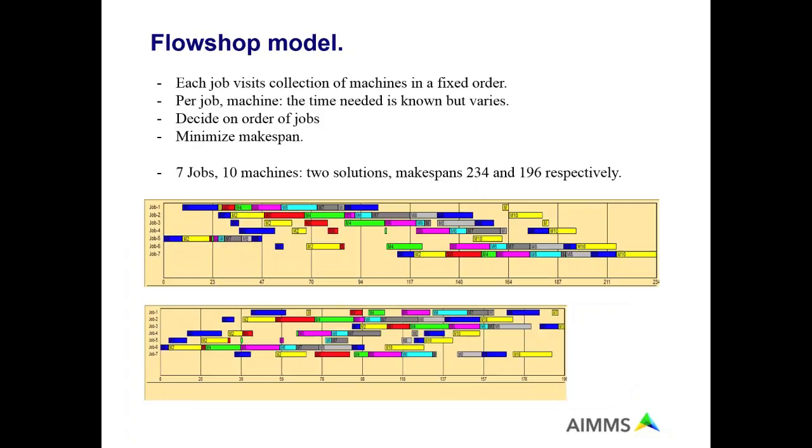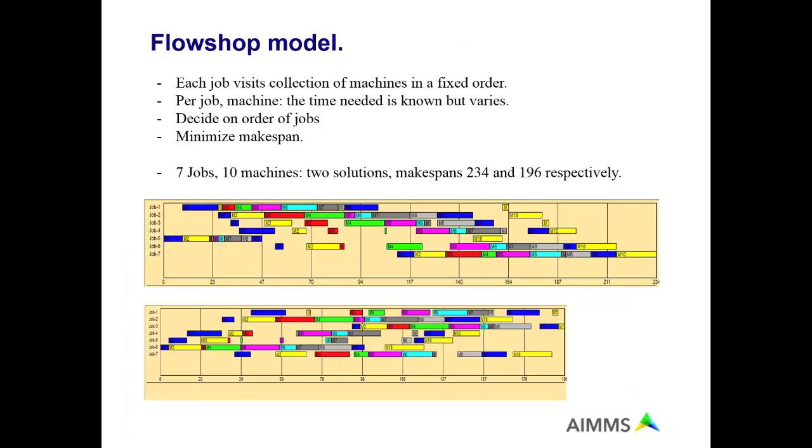Let me first get back to what I'm actually showing, and that's the flowshop model. I'm not going into the mathematics of that, but it's quite an interesting kind of operations research application. We have a number of jobs to do, and for each job we have a number of actions to do.